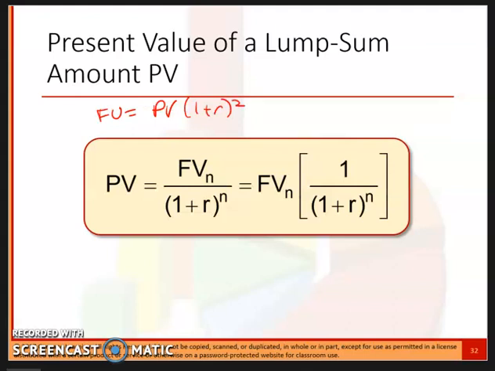We divide both sides by 1 plus r to the n, and we get our new formula, which is that the PV, or present value, is equal to the future value divided by 1 plus r to the n. I don't understand why you even need to do that. I think it just makes it a little more confusing.